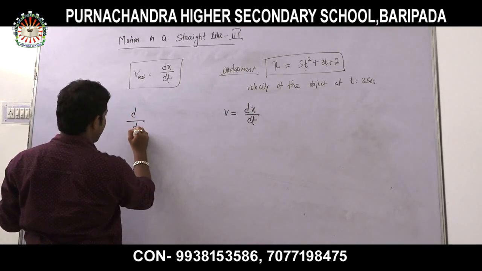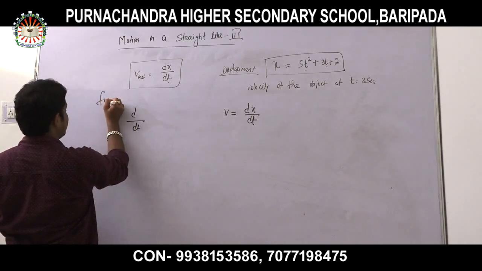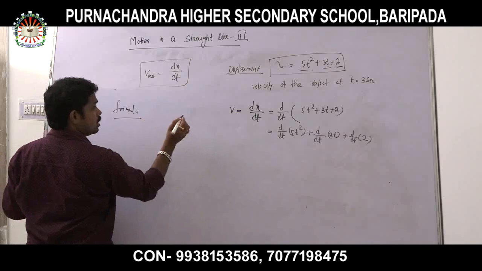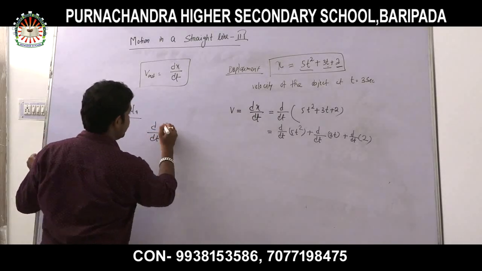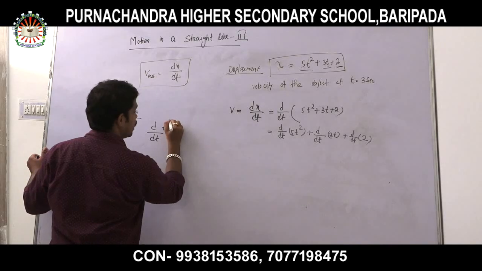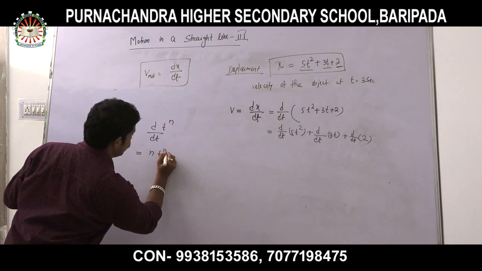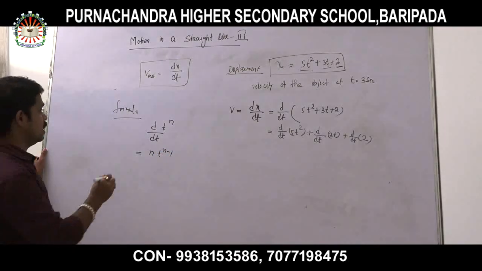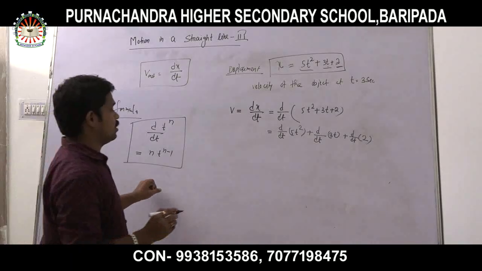This is the mathematical formula: d by dt of t to the power n becomes n t to the power n minus 1. So this is my formula.